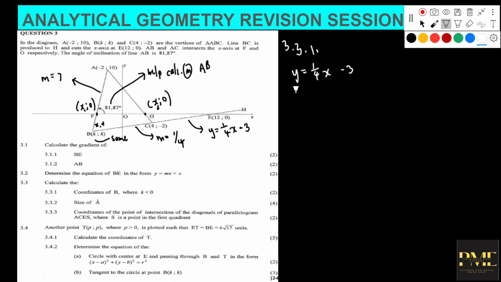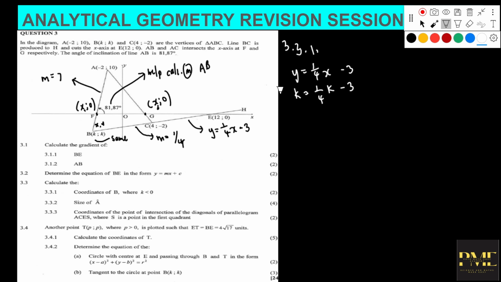So our Y is K, which is equal to 1 over 4, and where we have X we also put K, minus 3. So we need to get rid of the 4, which ideally should be the first thing you do. To get rid of your denominator, guys, feel free to multiply everywhere by your denominator.